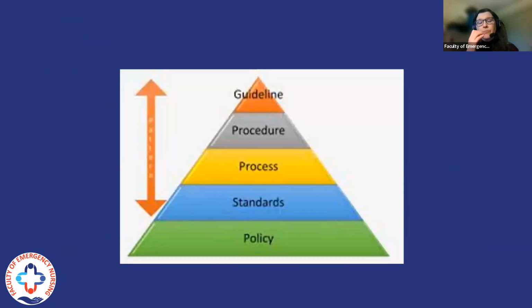So here we are. That's in visual form. For those of you who like visual formatting, here you go. Policy is the bottom of your triangle there. Standards, they've put standards on this diagram. I haven't talked about them because they don't start with a P, but you can have standards. In the UK, we generally have standards that are dictated by the Royal College of Emergency Medicine.